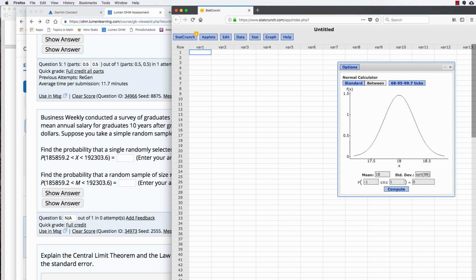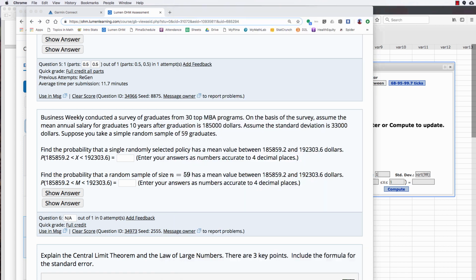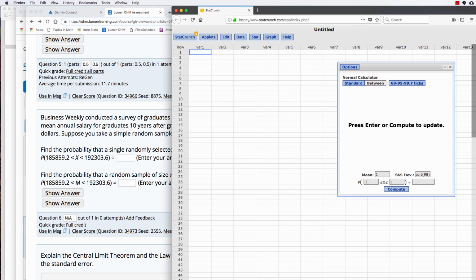We do between, and here we have our mean being $185,000. The standard deviation was $33,000.